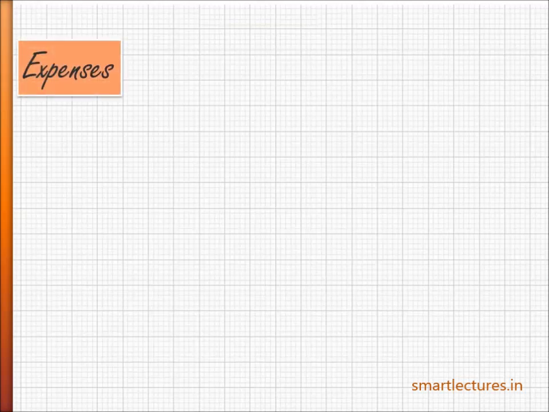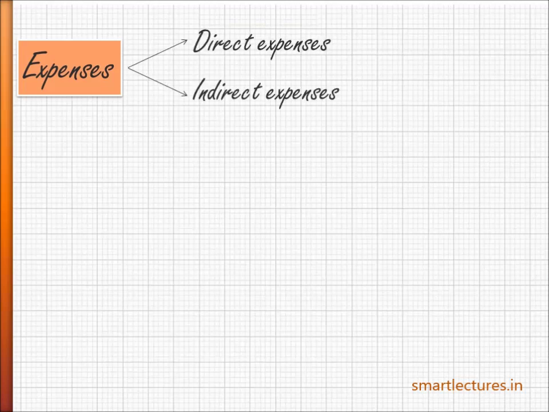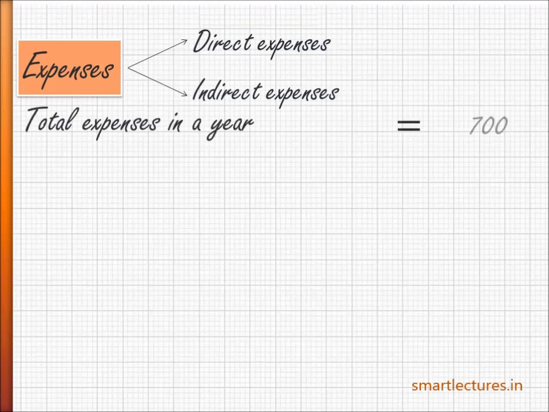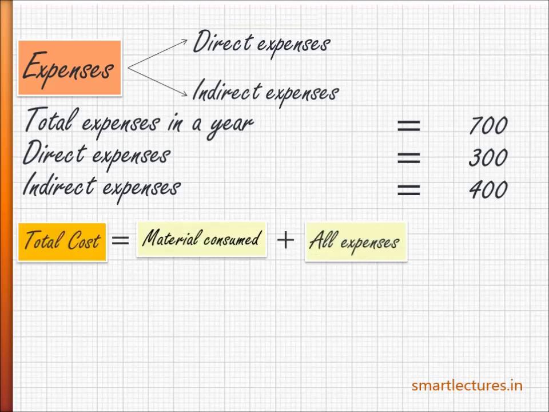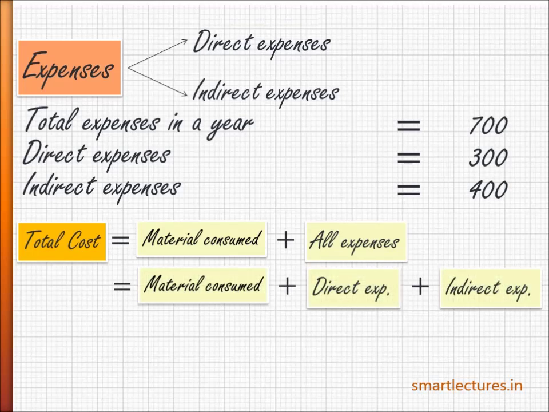In the business, all expenses are of two types, direct expenses and indirect expenses. Suppose during this year, your total expenses were rupees 700. Out of that, 300 were direct expenses and 400 were indirect expenses. So let's develop the formula. Total cost is equal to material consumed plus all expenses, or I can say material consumed plus direct expenses plus indirect expenses.